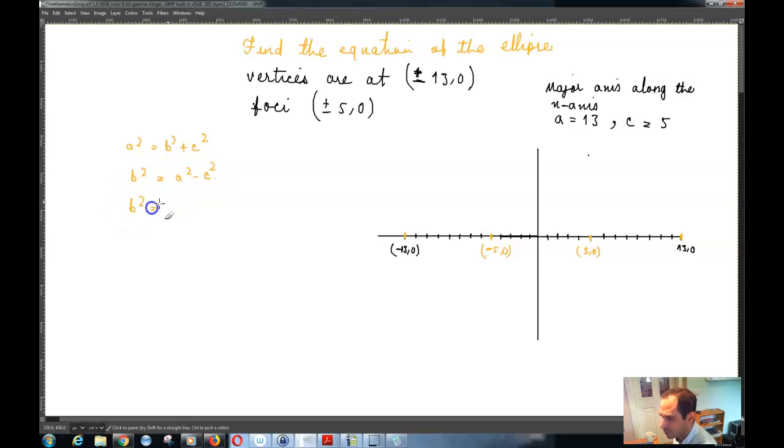So b squared is equal to 169 minus 25, which is equal to 144. b squared is equal to 144. So b is equal to 12.